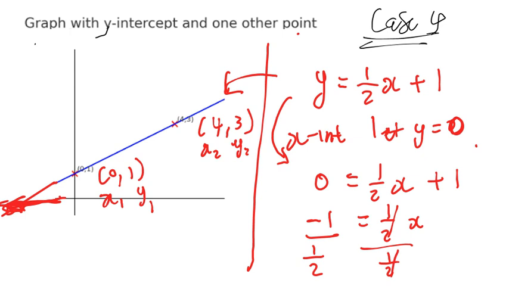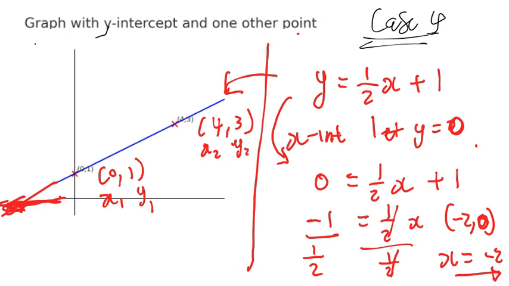Then negative 1 divided by 1 over 2 is negative 2. So x is going to be negative 2. Our x-intercept is negative 2, 0.